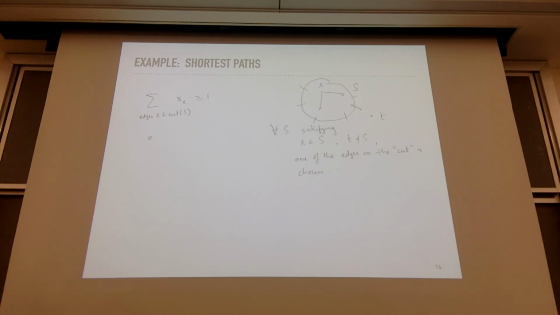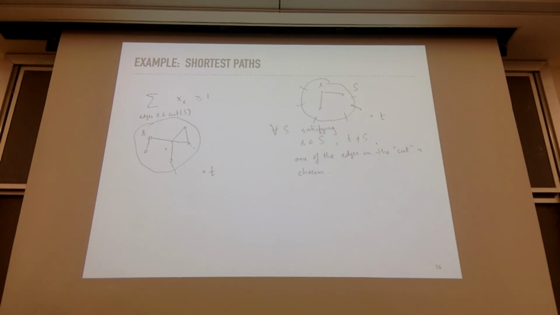If I now look at the set of all x_e's that are 1, maybe these are the ones that are 1, and maybe t is like this. So think of these as the set of all x_e's that were 1 in some candidate solution. Now this cannot be a candidate solution, because now you have a set of vertices where no edge going out of it is selected.